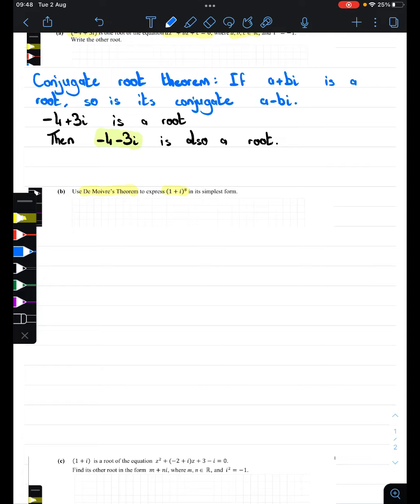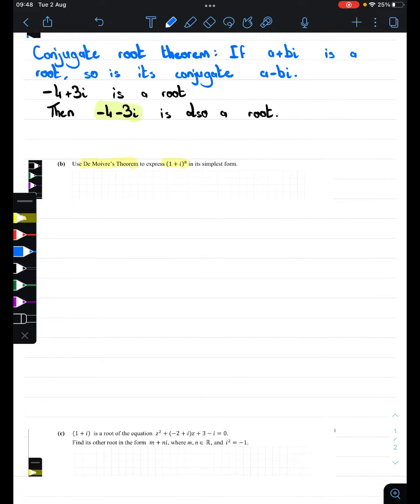Okay, so straight away, what's de Moivre's theorem? I'm aware I might be butchering that pronunciation.